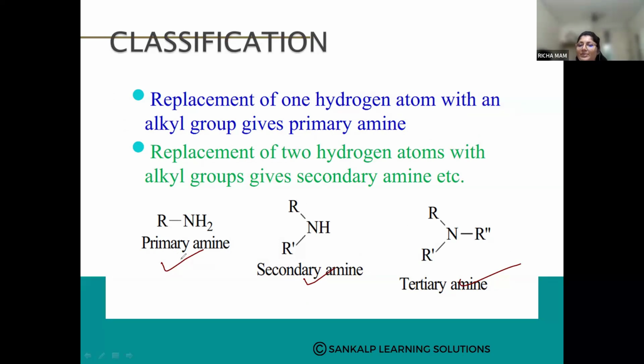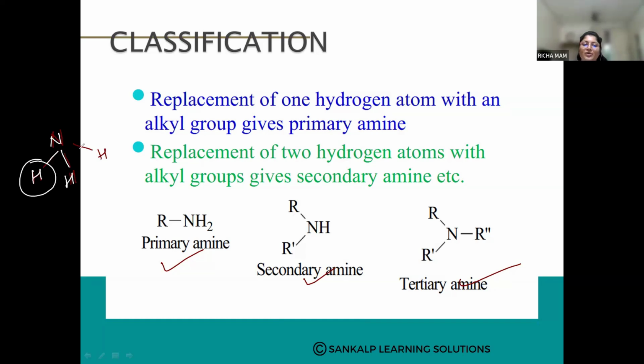So what do you mean by primary amines, students? Here only one of the hydrogen atoms of ammonia, NH3, is replaced by what?